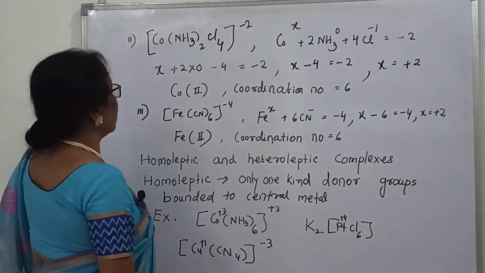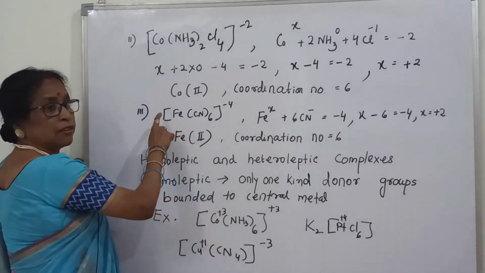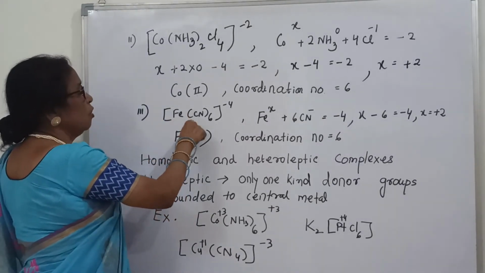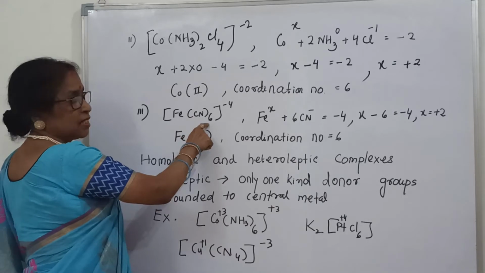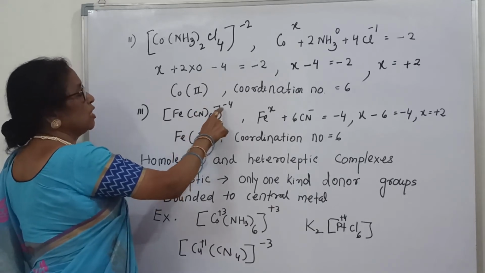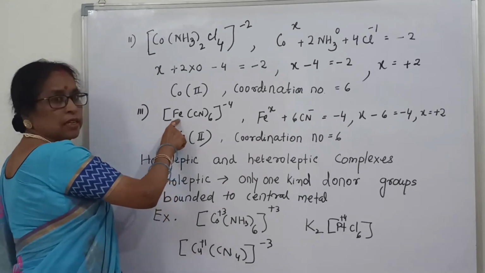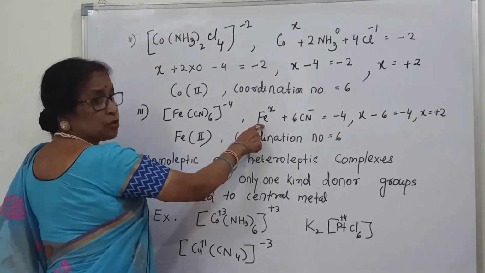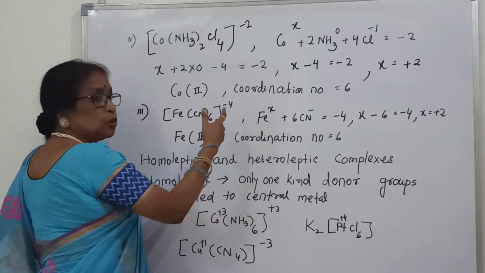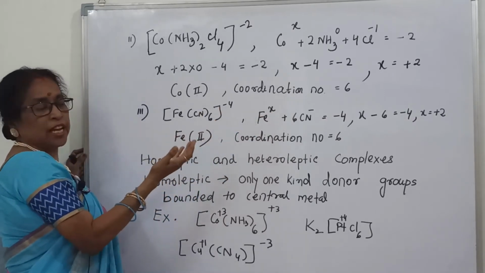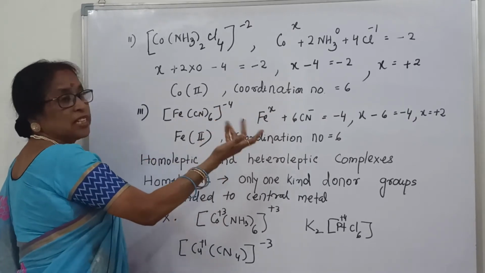Then come to this one. Here the square bracket starts, Fe, then whole CN6, bracket closed, the charge is minus 4, the question is given. Then what to do? Let the iron be X. You don't know whether it comes to plus 2 or plus 3. If plus 2 then ferrous, if plus 3 then ferric.